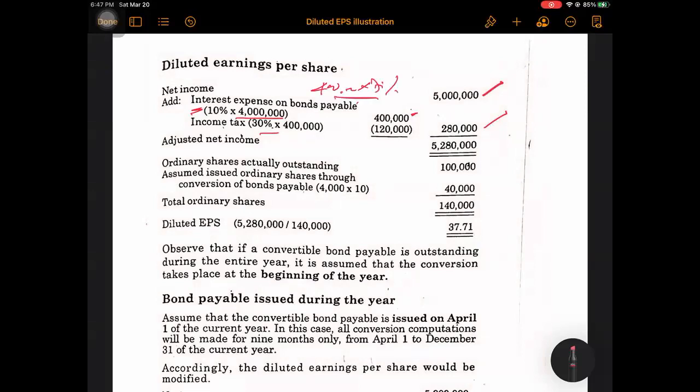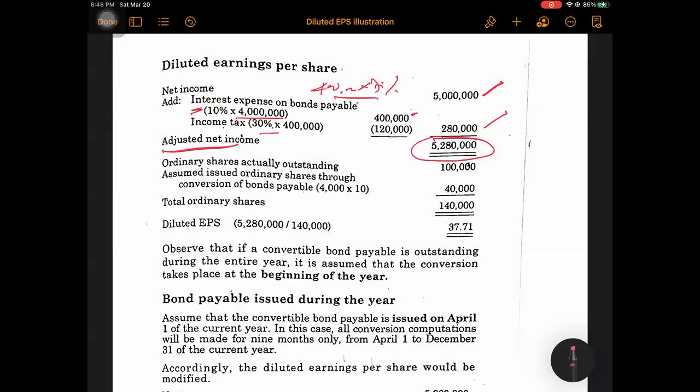That's net of tax. So therefore, our adjusted net income is 5,280,000 because we add back the interest net of tax. Again, we assume that the convertible bonds are converted at the beginning of the year, based on the problem. So therefore, we don't recognize the expense anymore because our assumption is that at the start they were already converted into ordinary shares.